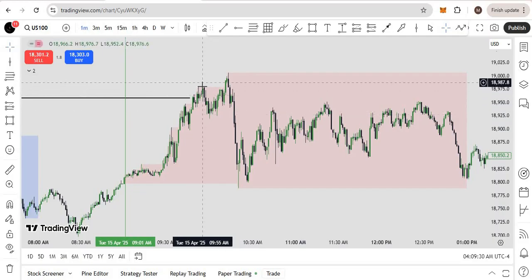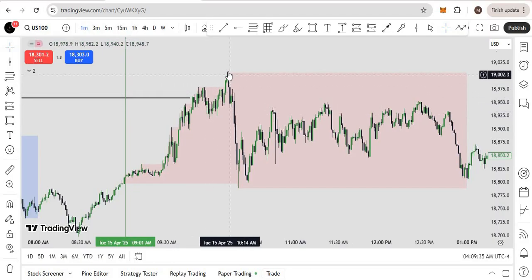Because we don't have any fair value gap here, we didn't take that trade. So here what you can see is a beautiful closing below this candle, so it becomes our change in the state of delivery. And once I see the rejection, I took the trade from here till this low, or 1 to 2 risk to reward.